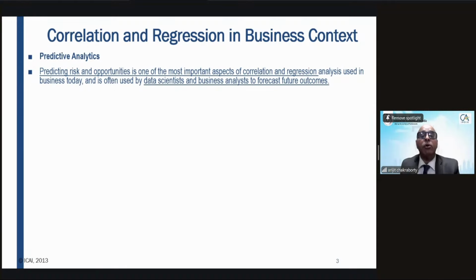You can see correlation regression जो chapter है, आज की डेट में when we talk about artificial intelligence and machine learning, you know that AI tools, their basic objective is to provide predictive analytics.